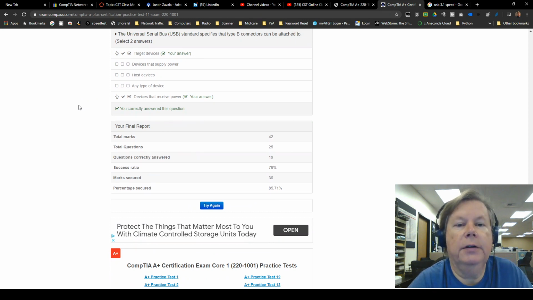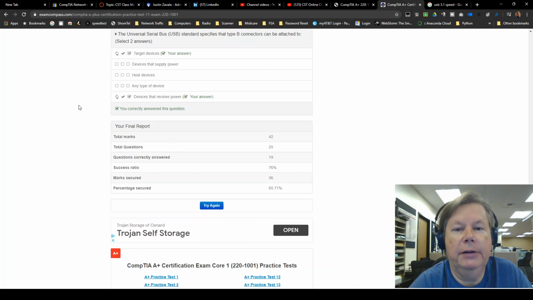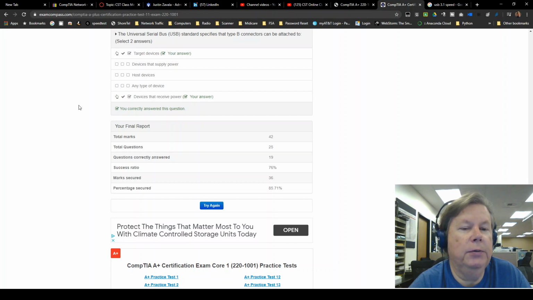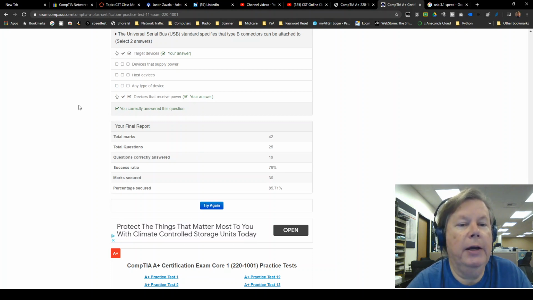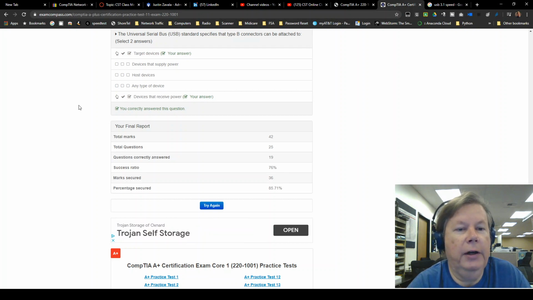The USB standard specifies that the B, now this is the other end of the USB cable, can be attached to, and this would be the target device. So if you're plugging the A end into your computer or USB hub, which would be supplying the power, the target end would be the other end attached to something like a USB hard drive, a USB flash drive, a USB webcam, or something like that.